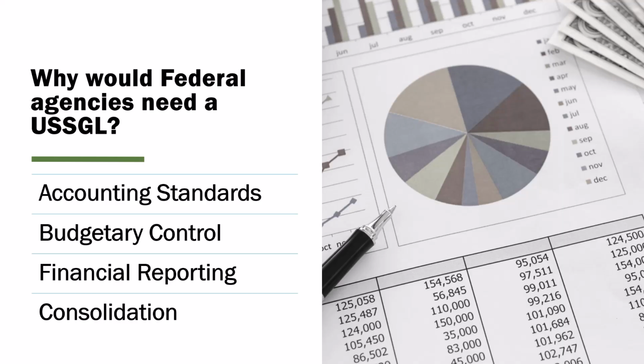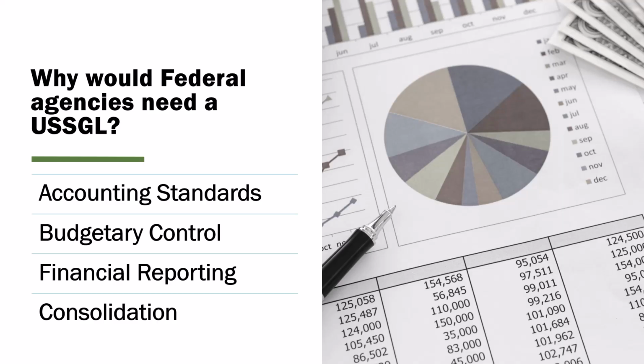So the USSGL has a whole set of budgetary accounts which self-balance to allow you to track both what the resources available are and what the status of those resources is throughout the years. Next is financial reporting, and then consolidation. As a federal entity, you do need to produce financial statements. Many of these happen at the department level, so you're going to be consolidating multiple agencies together, and you're going to need to use the same mapping of general ledger accounts if you want something that's accurate and reliable.